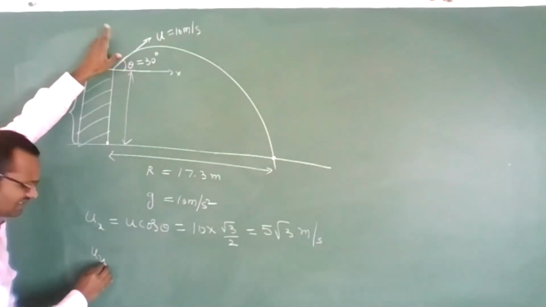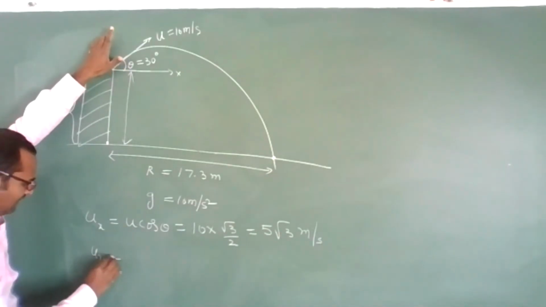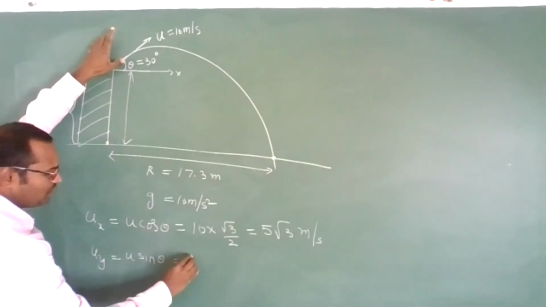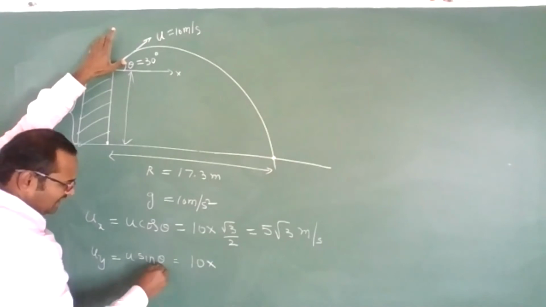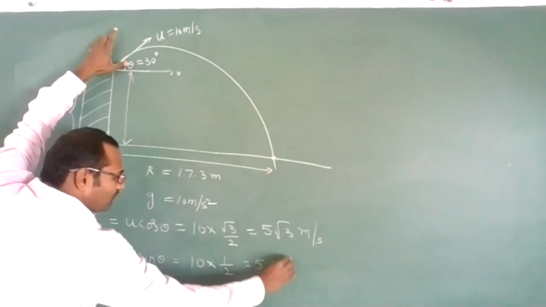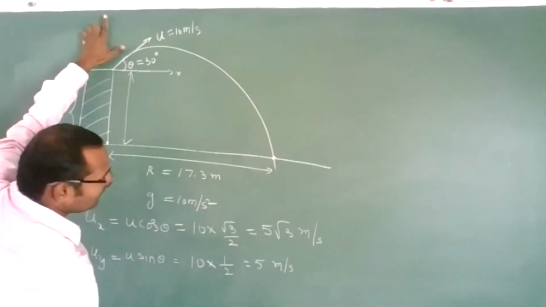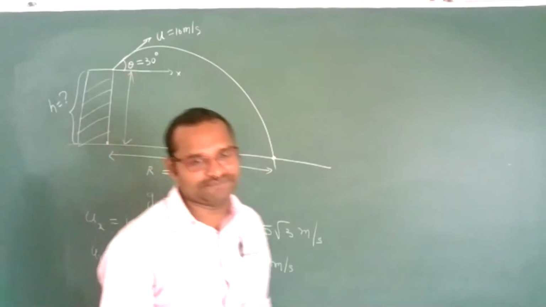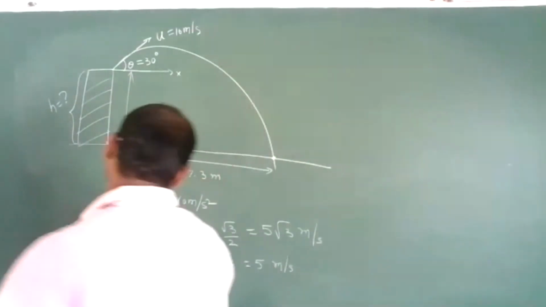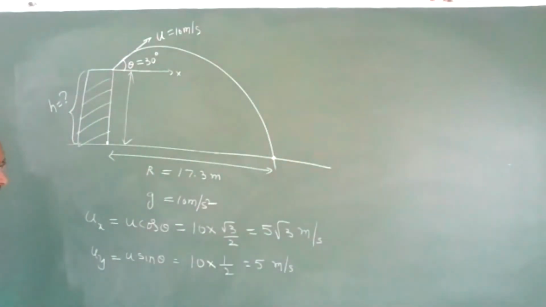Vertical velocity is u sin theta, u is 10, sin 30 is 1 by 2, that is 5 meter per second. Vertically it is traveling up with a velocity of 5 meter per second. Clear? Good.